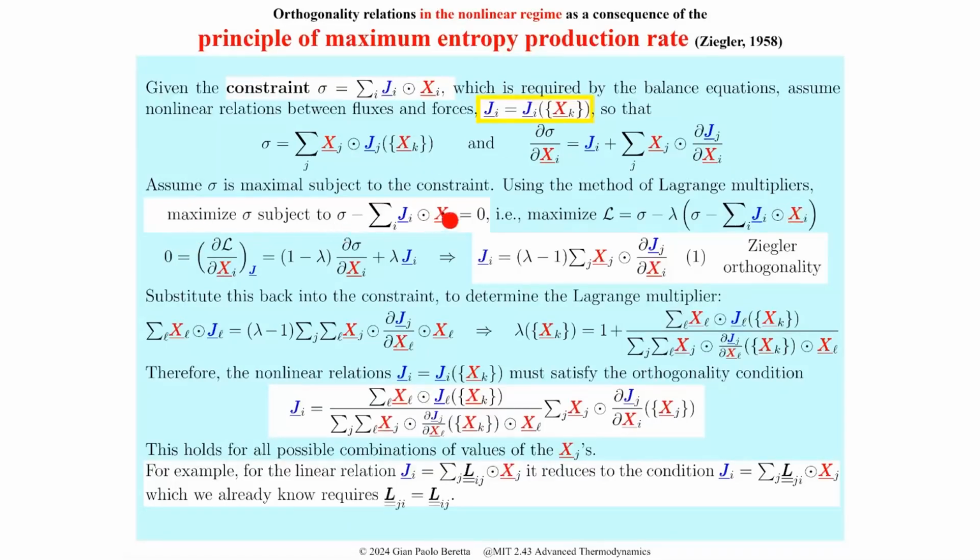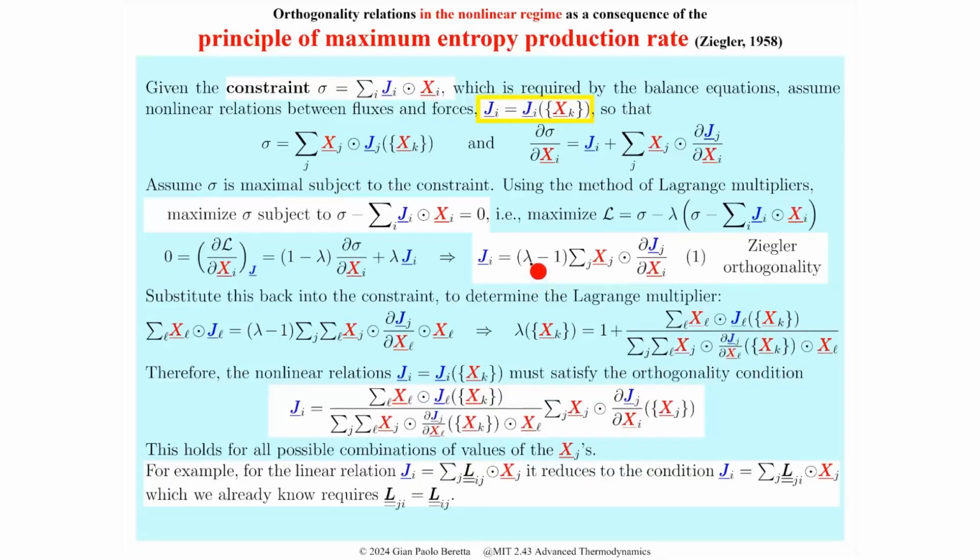So maximize sigma subject to the extrinsic relation between forces and fluxes. And you come up with an orthogonality condition in terms of the Lagrange multiplier, which is still only one, because it's still only one constraint.